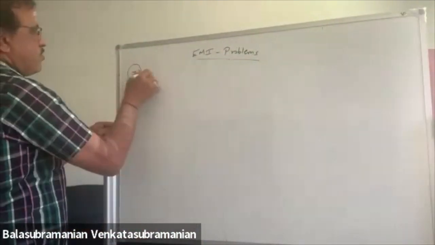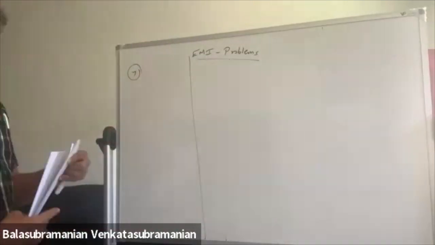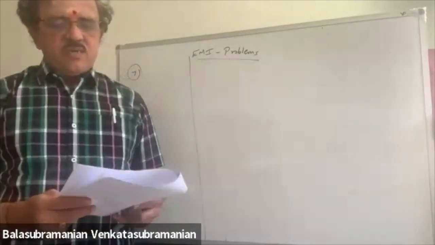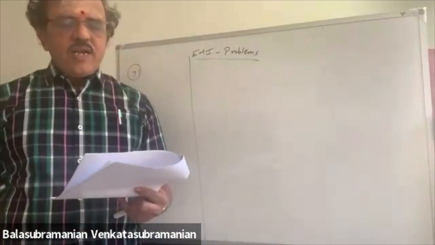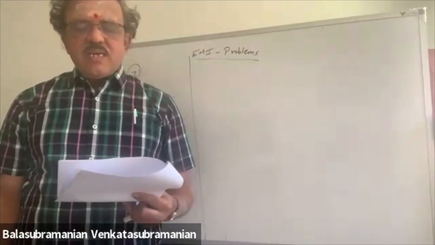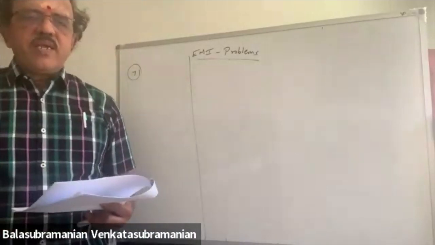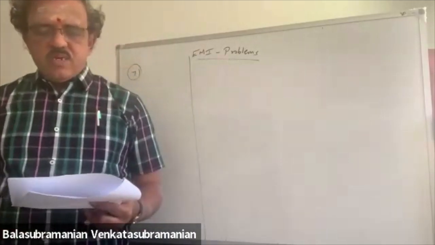7th problem. A solenoid of 500 turns is wound on an iron core of relative permeability 800. The length and radius are 40 centimeter and 3 centimeter respectively.